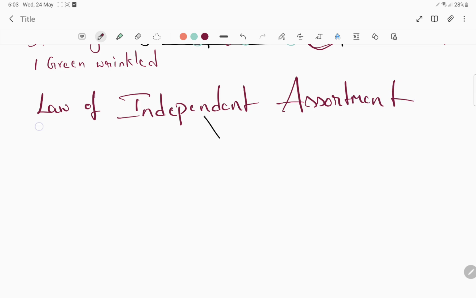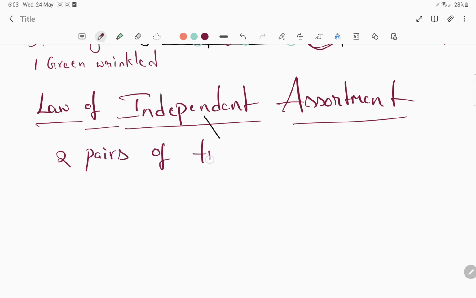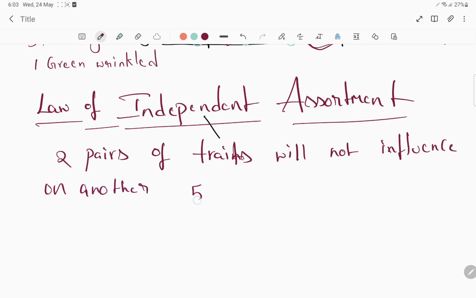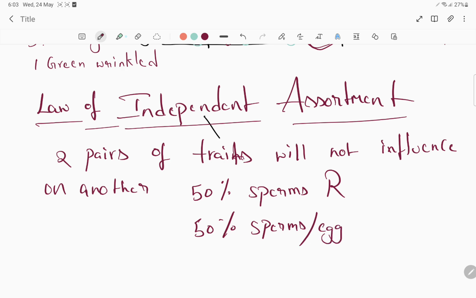In this he considered that when two pairs of traits are present, they will not influence one another. 50% of sperm or egg will have capital R, and 50% will have small r. 50% of the sperm or egg will have capital Y and 50% will have small y.